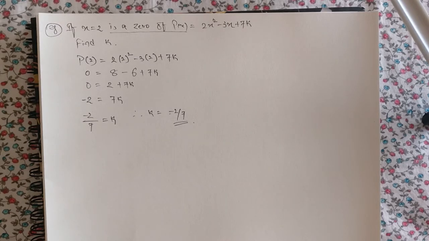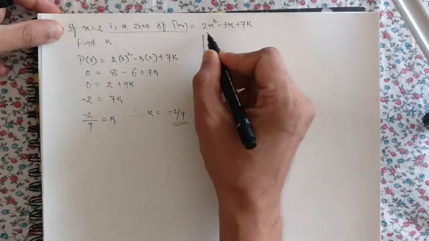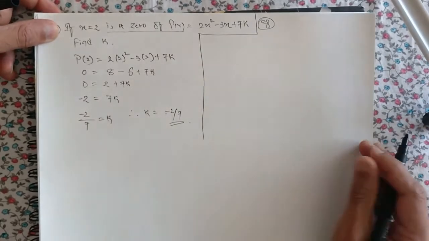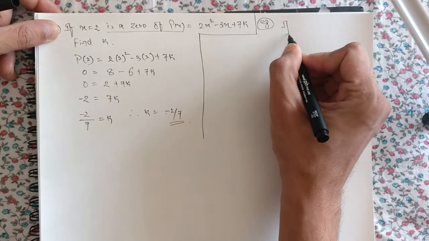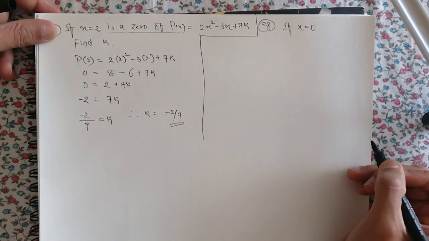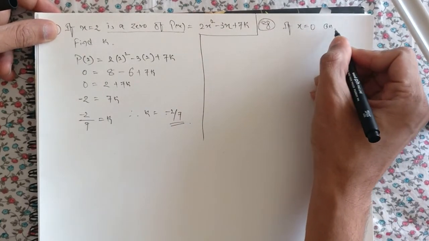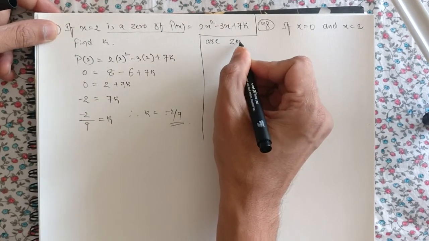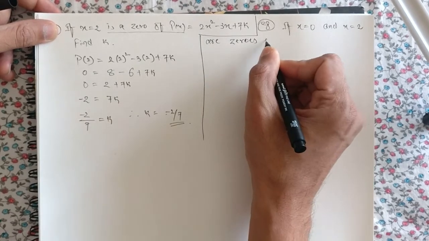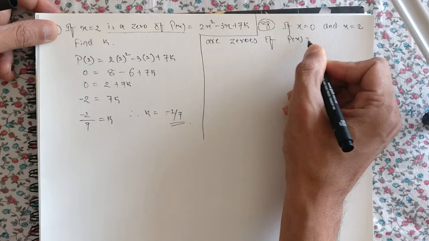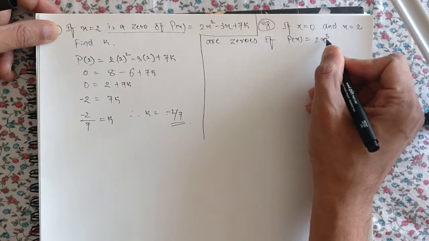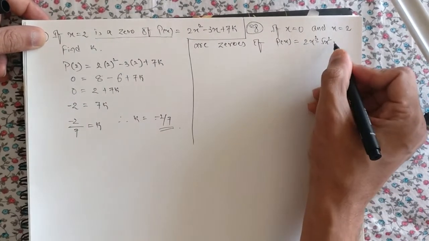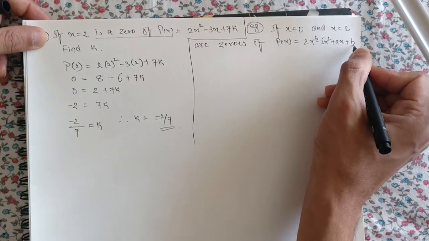Let's take one difficult question. If x is equal to 0 and x is equal to 2 are zeros of p of x is equal to 2x cube minus 5x square plus ax plus b.